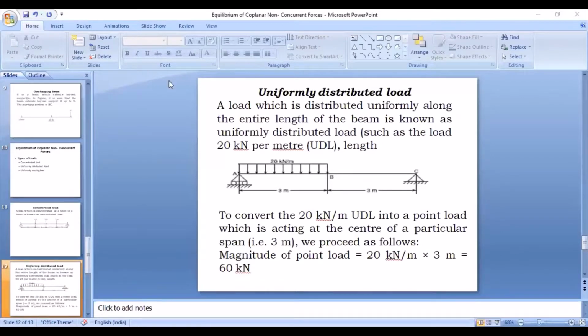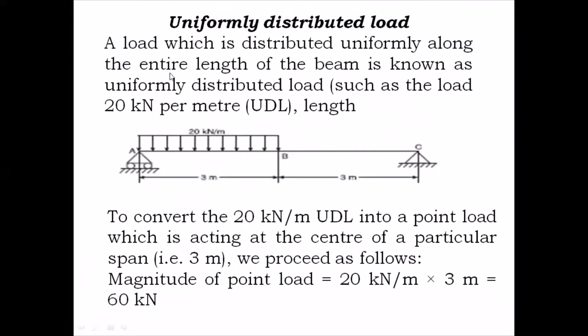As I told, 20 kilonewton per meter acting over a span of 3 meters. So we have three equations of equilibrium, that is sigma Fx, sigma Fy and sigma moment. And we all know that in any problem given to us, any type of loading first needs to be converted to either horizontal or vertical load, so that we can use the same in equations of equilibrium.